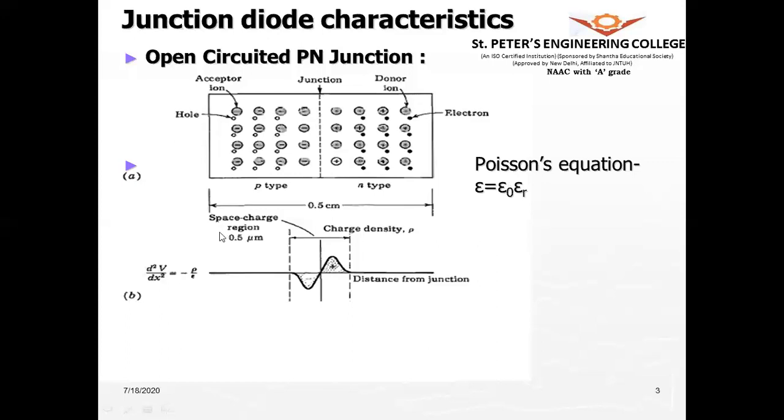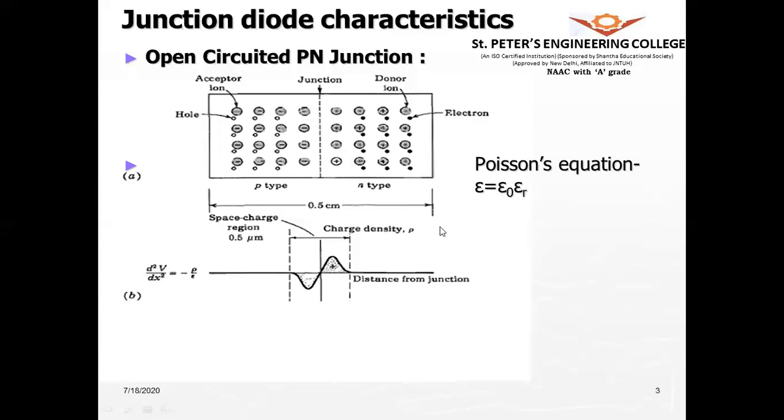This can be denoted by Poisson's equation, d squared V by dx squared, that is the voltage variation, which is equal to minus rho by epsilon, where epsilon is equal to epsilon naught times epsilon r.